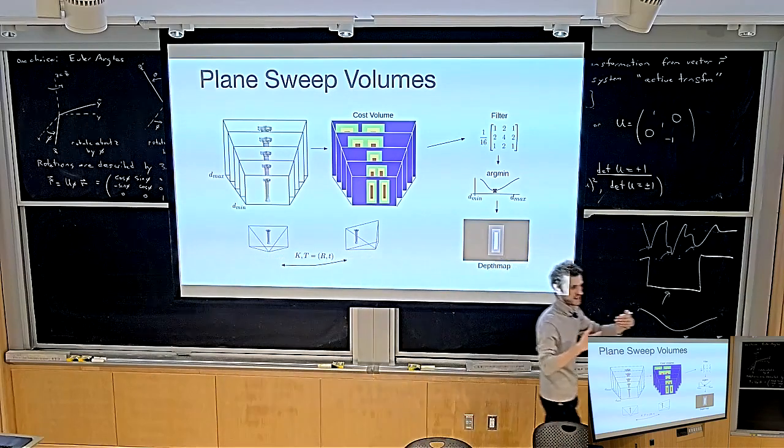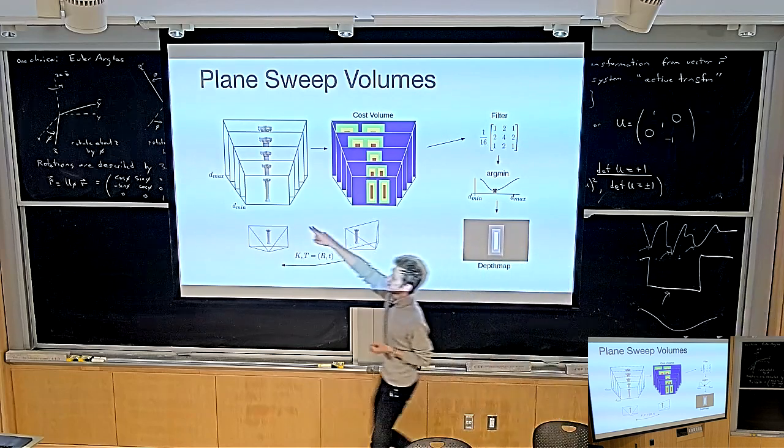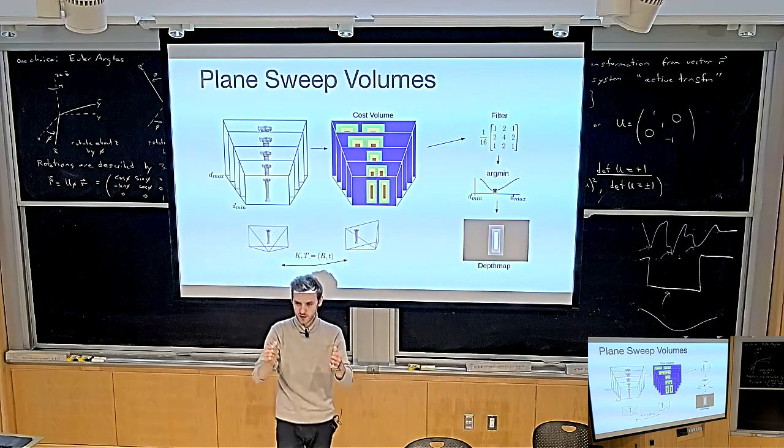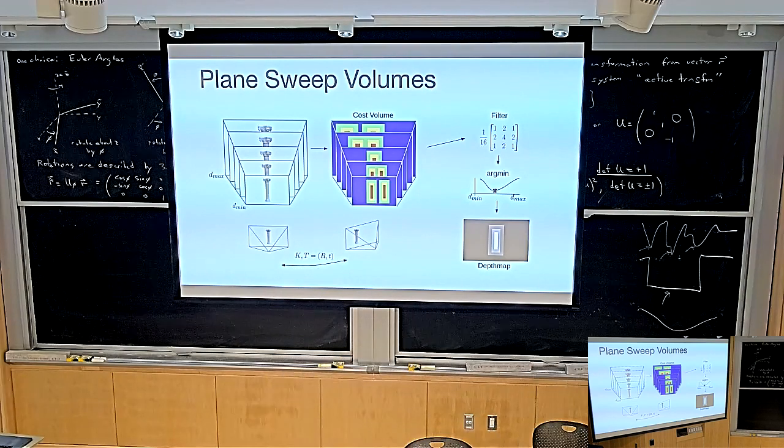You make it such that they output a feature descriptor for every pixel, a high-level feature, right? Now you build this cost volume not by comparing colors, but by comparing features.